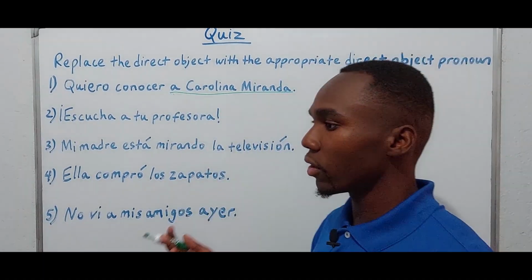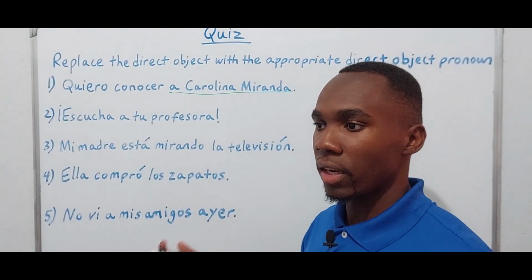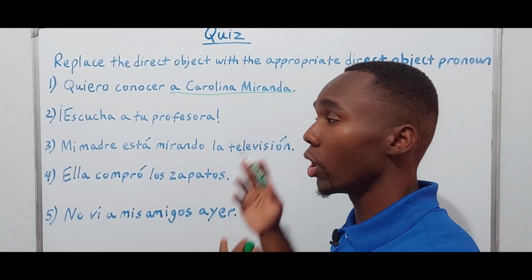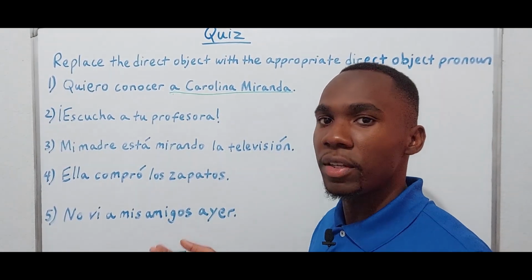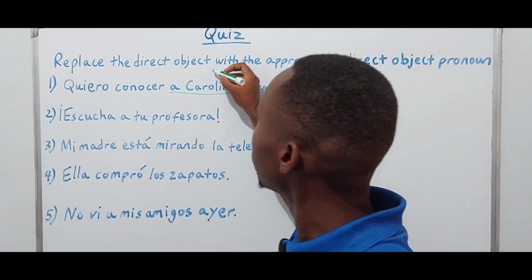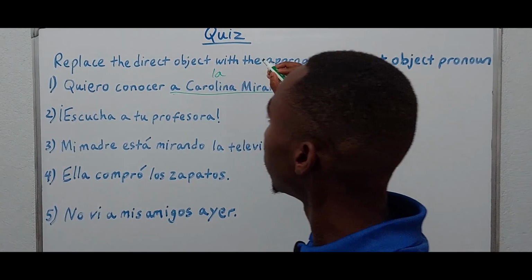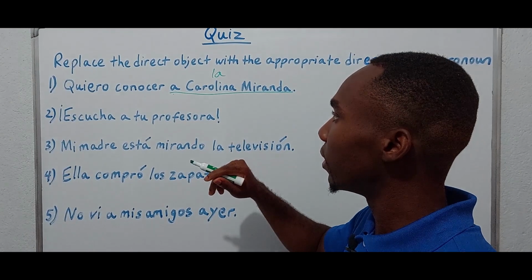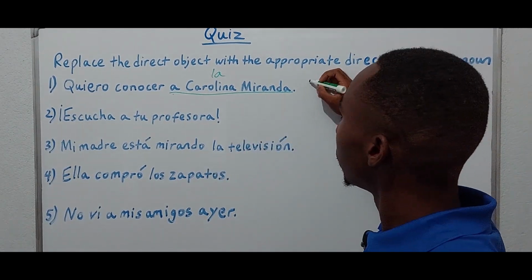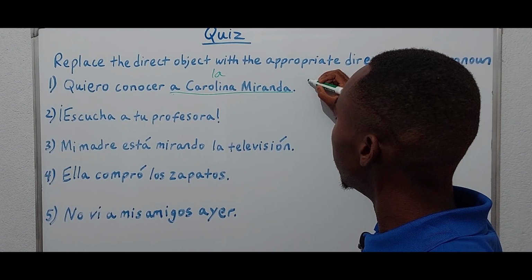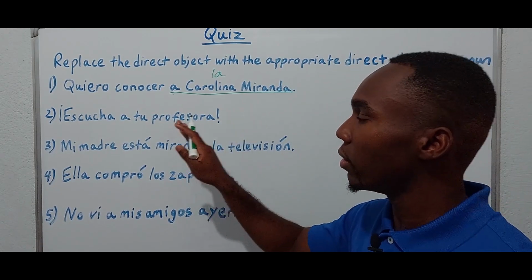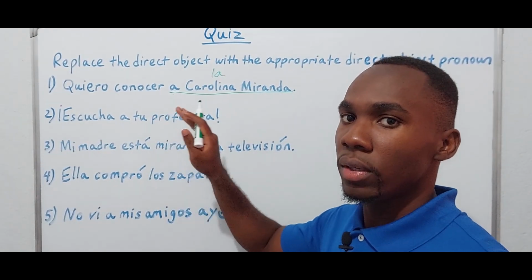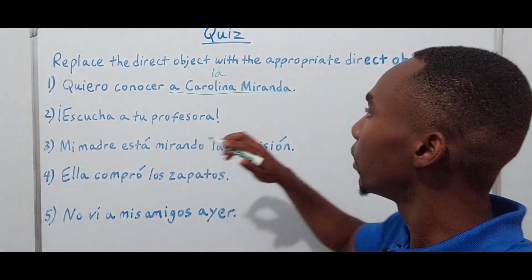So now we have to ask ourselves, which direct object pronoun would this correspond to? It's one woman and it's obviously a female, so that would be la, right? Therefore, the replacement would be, now that we see that there are actually two possibilities for this, right?